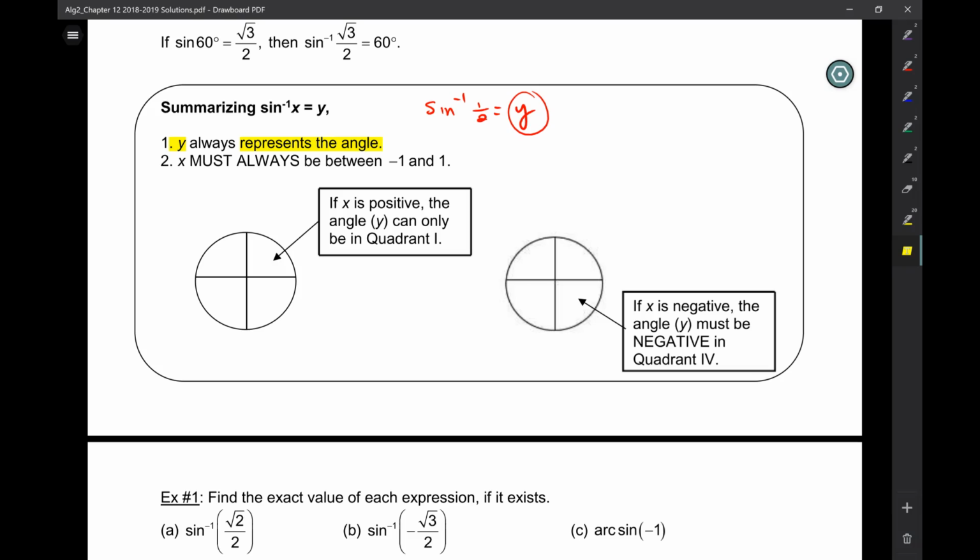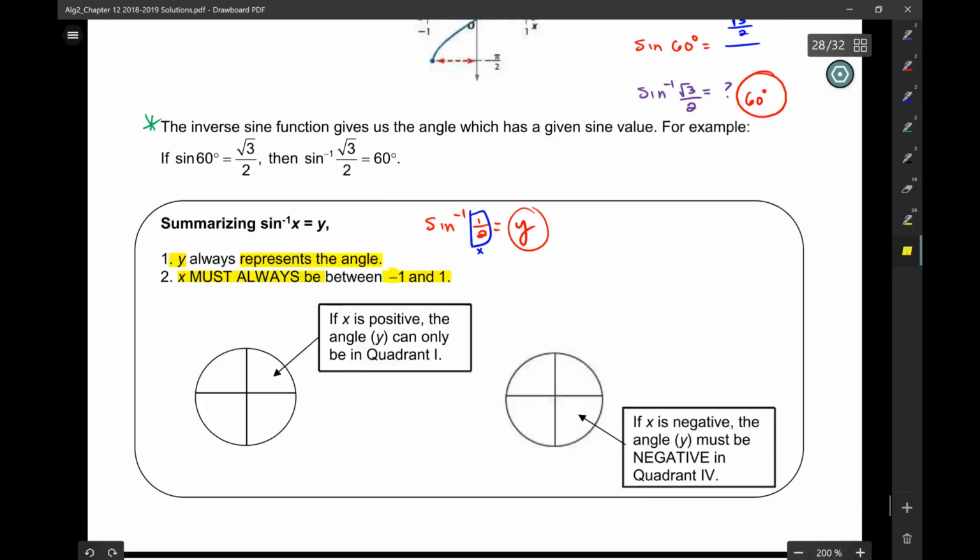So the answer that you're going to give me is the angle. This number here, that's our x. That number must always be between -1 and 1.